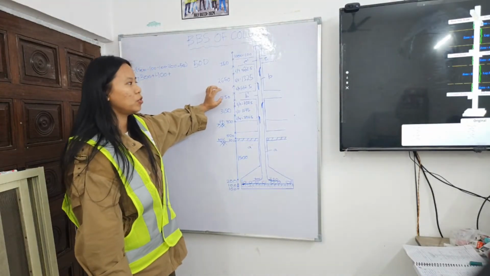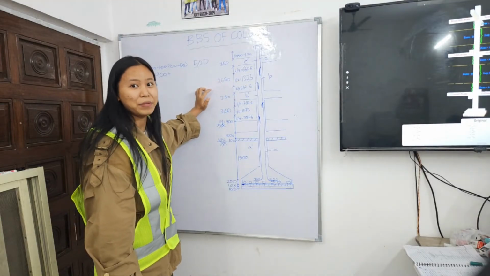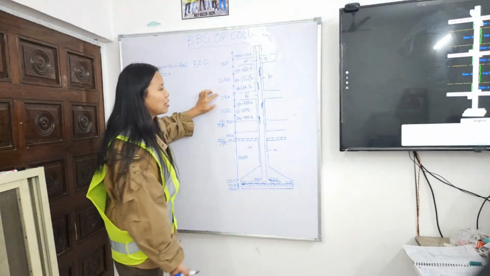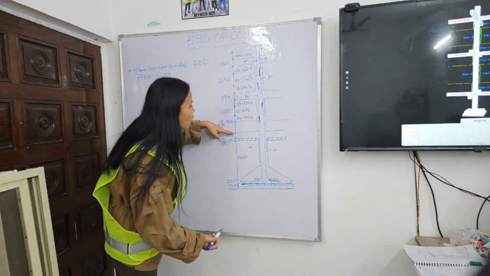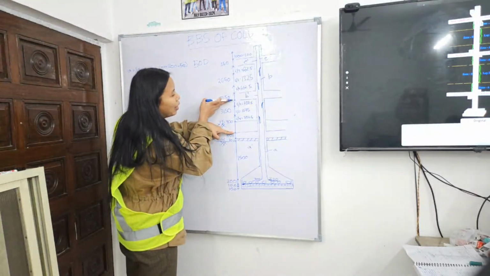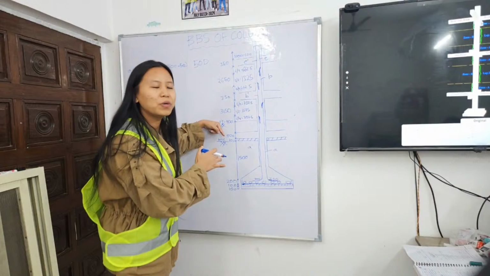So what we are going to be doing is deducting the slab beam. After deducting the slab beam, from the ground beam till the L by 4, below the slab, we are getting 3,150.